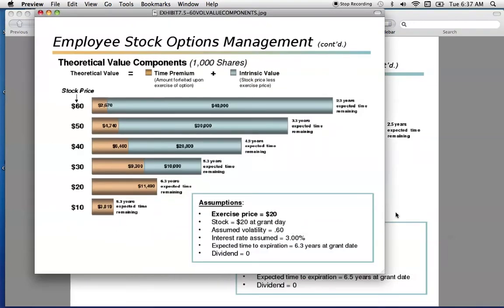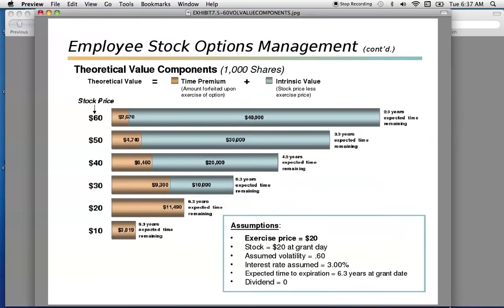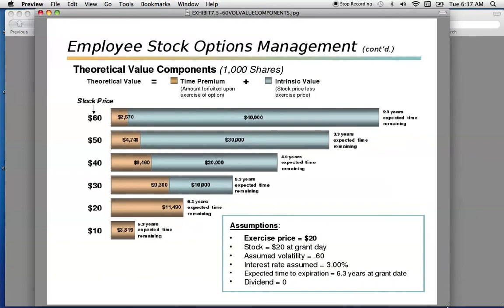Okay? So here we have the same concepts. We're showing the two components of employee stock options. We have different assumptions about volatility.